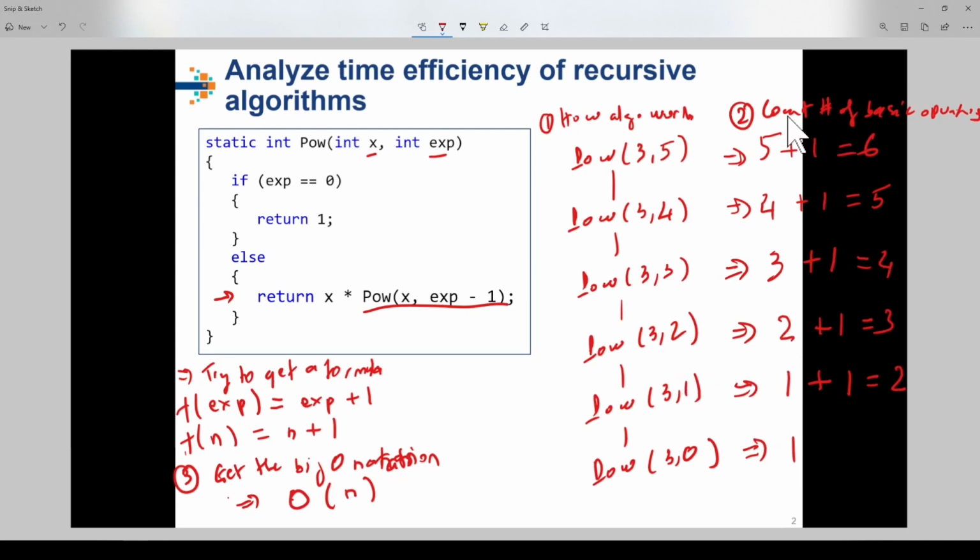So we can count the number of basic operations. After that, we try to get a formula from what we have based on the input, and we realize in this situation that the time to run depends only on the exponential, not on the base, and the total number of operations is the exponential plus 1, because here we have 1, 2, 3, etc. After that, we get the big O notation from the formula. I hope you enjoyed the video, and thank you very much.